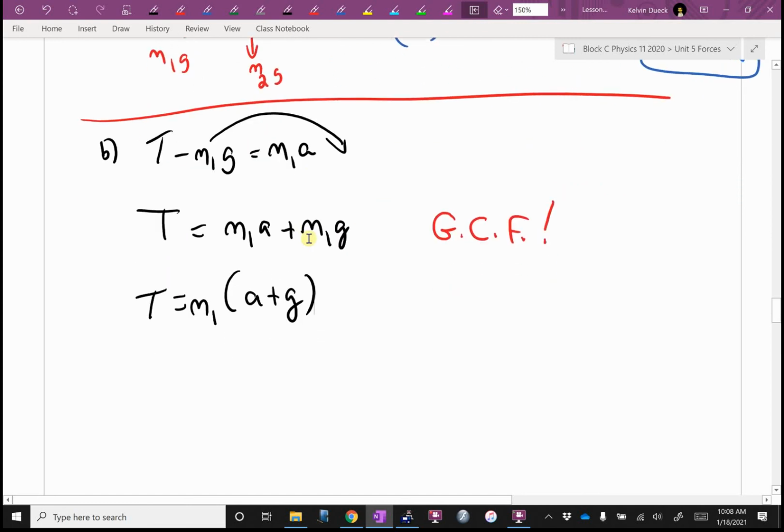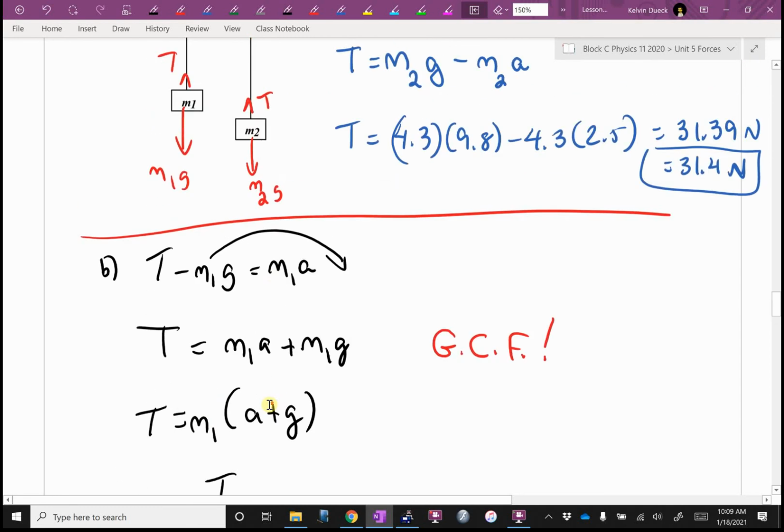How would I get the M1 by itself? What's the bracket doing to the M1? So you're telling me M1 is going to be T all over A plus G? I think so.